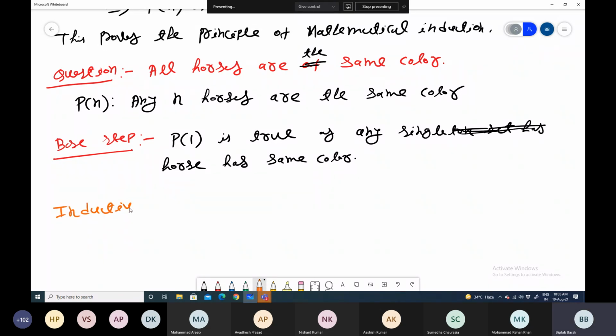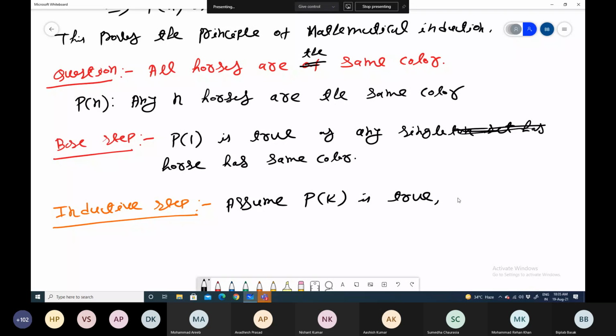Now the inductive step. So assume Pk is true. So that is, any k horses are the same color.